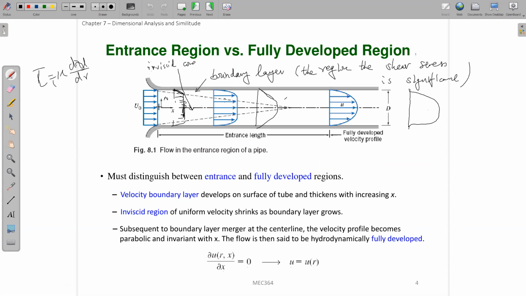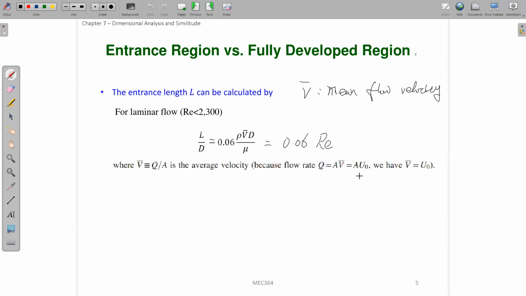Because the flow is incompressible, with no density change, the volume flow rate is constant along the x direction. At the inlet, the volume flow rate is just A times U0. So in other words, from this correlation, V bar is just equal to U0.